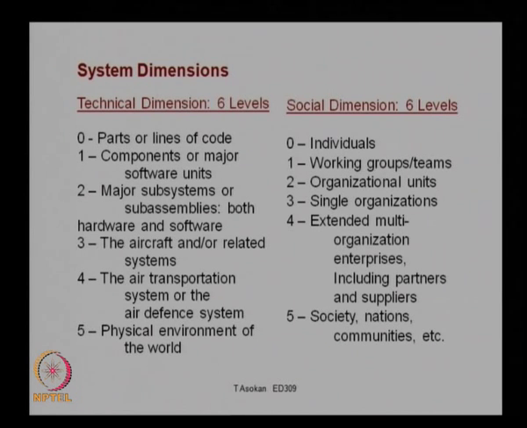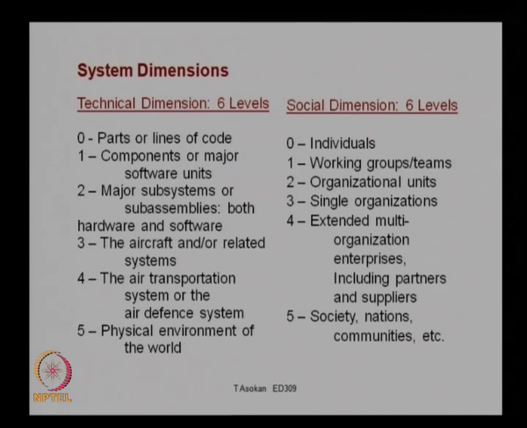Then single organizations are the next level, where a larger organization like DRDO, with many labs across the country, has each lab become a single organization, which is the 4th level dimension. Then there are extended multi-organization enterprises, including partners and suppliers. This is a group of suppliers, consumers and subcontractors.